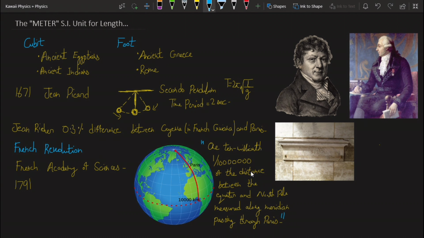The next step was to measure that distance. Two surveyors, Pierre Méchain and Jean-Baptiste Delambre, calculated the distance.